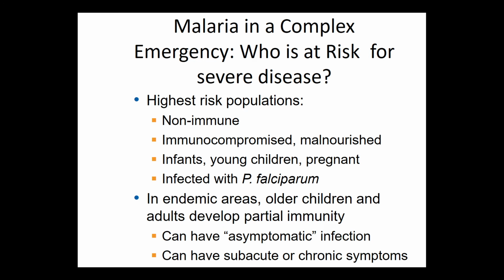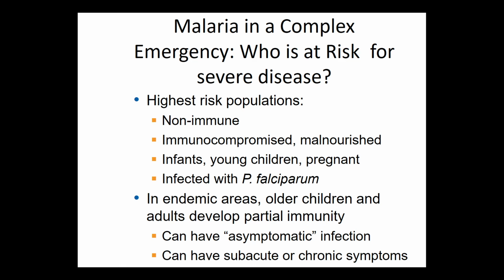Who is at risk for severe disease? Highest risk is the non-immune person, because in endemic regions, people may have malaria several times in their life, in childhood, then as a teenager, maybe as an adult. If they have partial immunity or just immunity, of course, they have lower chances of a severe course.